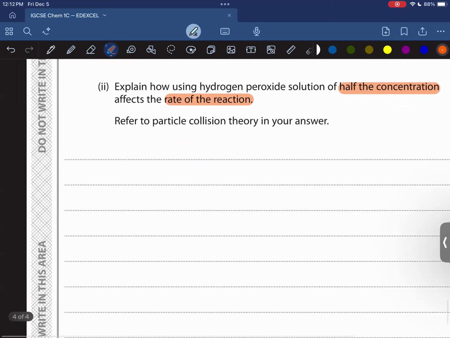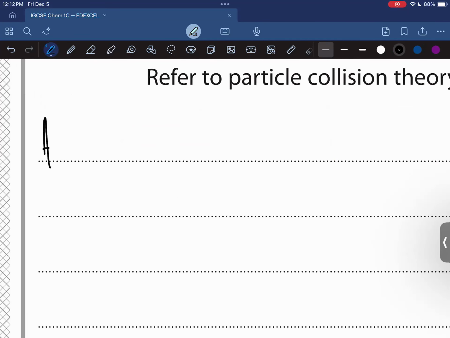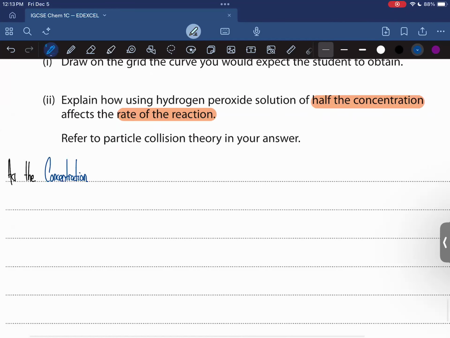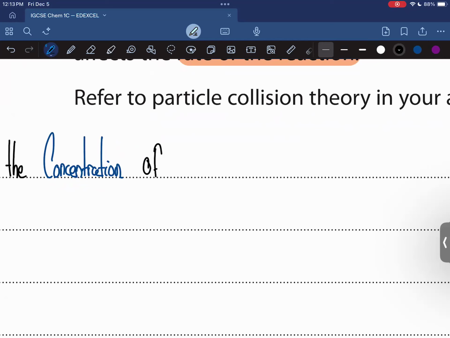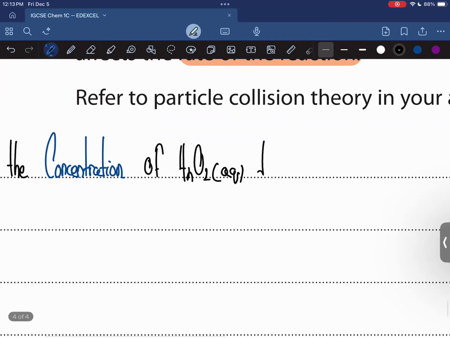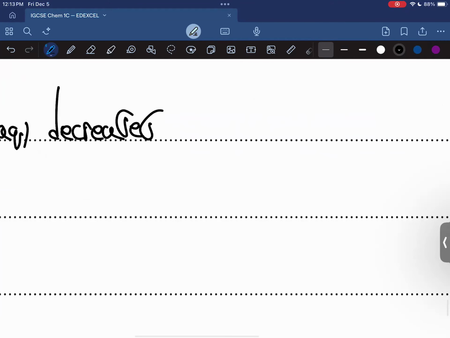So as the concentration of H2O2 aqueous decreases, rate of reaction decreases as well.